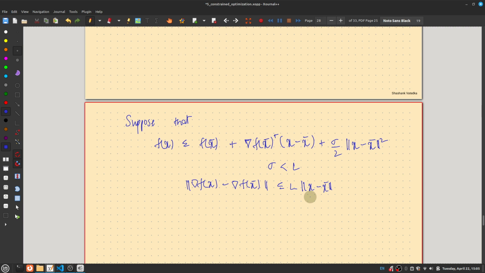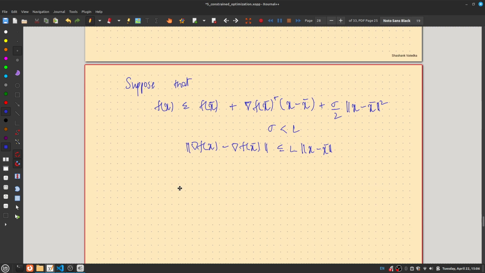Which one? F of x is, no, that's not the definition of strong convexity. So f of x is always lower bounded by f of x bar plus, like, without this term. So forget about strong convexity.